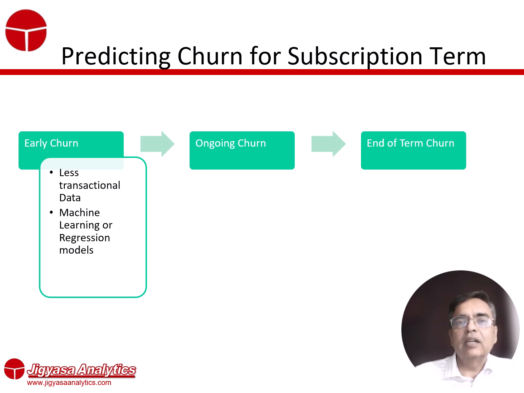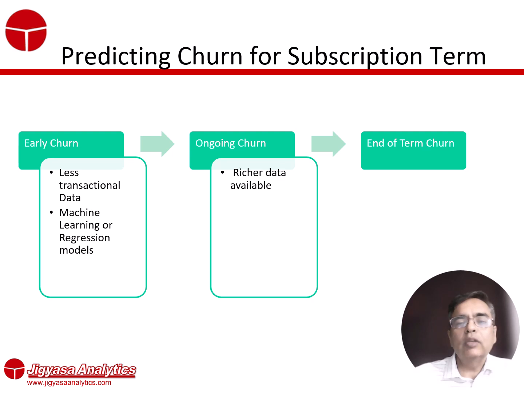And then there is the ongoing churn. So this ongoing stage, now the customer has established patterns. Maybe they log in every day, or they log in every third day, they log in over the weekends. So there is an established pattern now which we can use to predict their behavior.